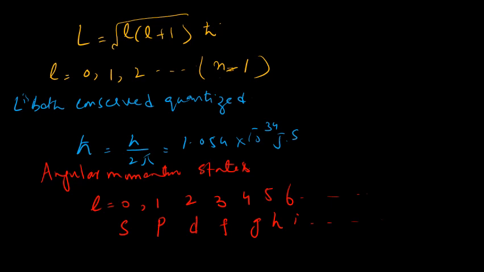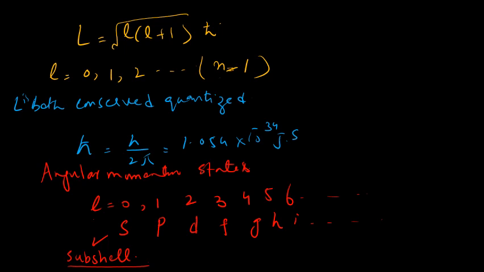These angular momentum states are called subshells. Each subshell has its own quantized value of L, which corresponds to the total angular momentum. So angular momentum is quantized.